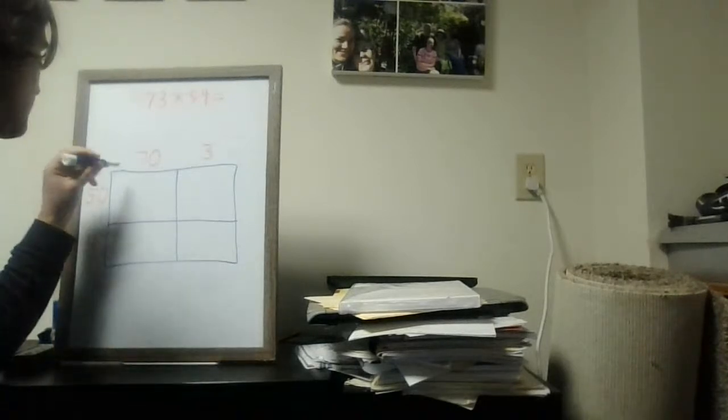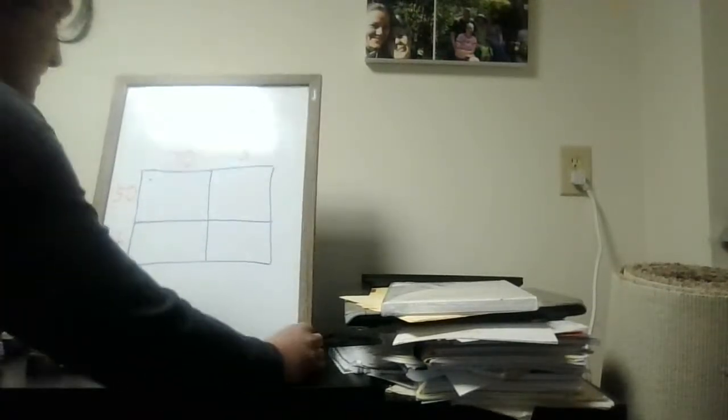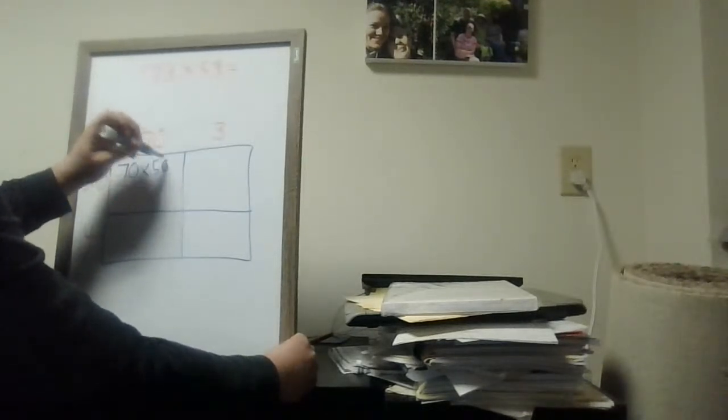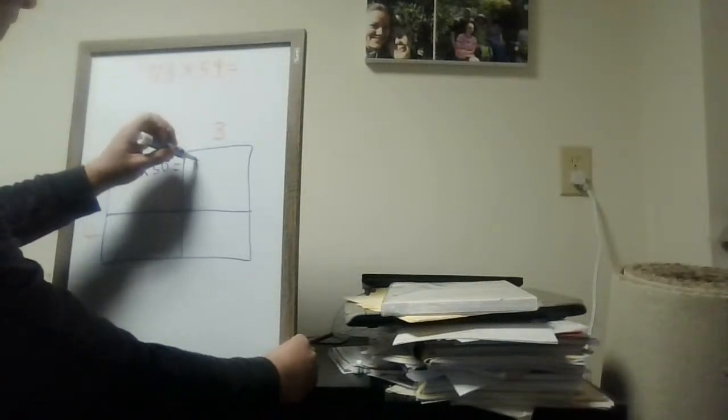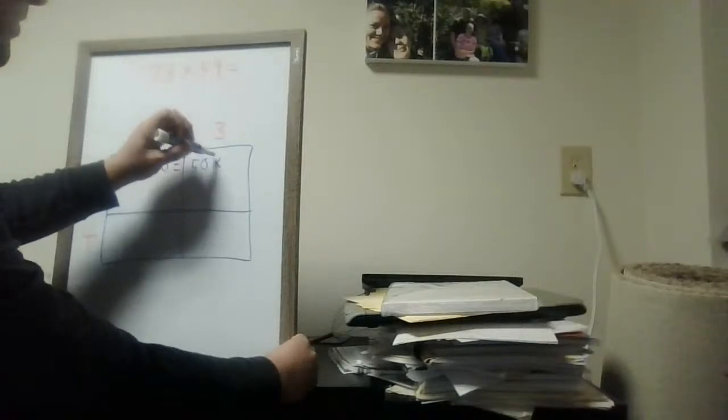So in the first box, we multiply 70 times 50. Let me move this a little closer here. 70 times 50. In the next box, 50 times 3.